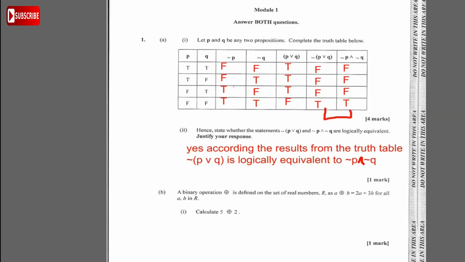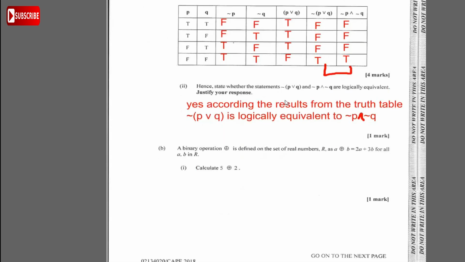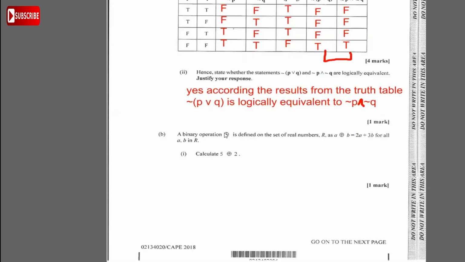Nice. Second part of the question says, a binary operation defined by circle plus is defined on the set of real numbers such that a circle plus b is equal to 2a plus 3b. Find 5 circle plus 2. So 5 circle plus 2 means we're going to replace a with 5 and we're going to replace b with 2.